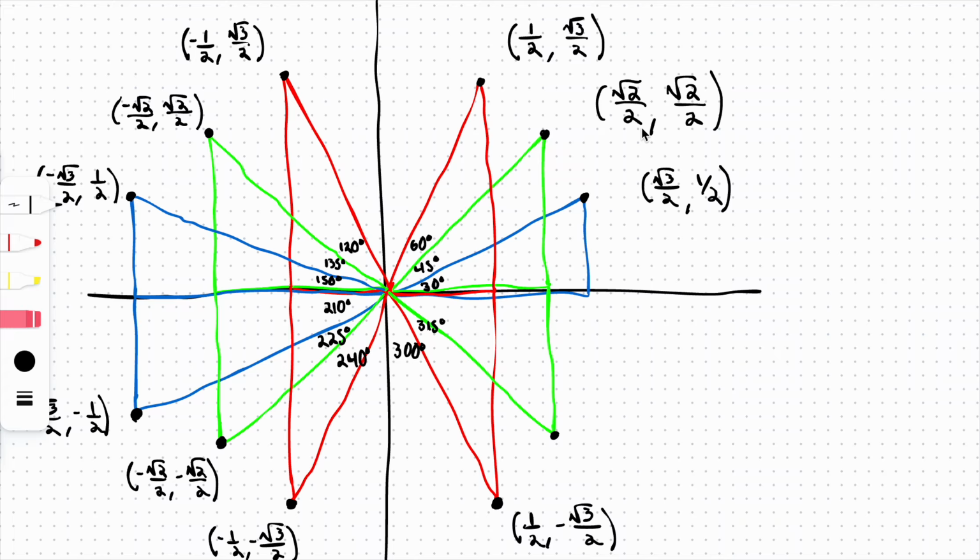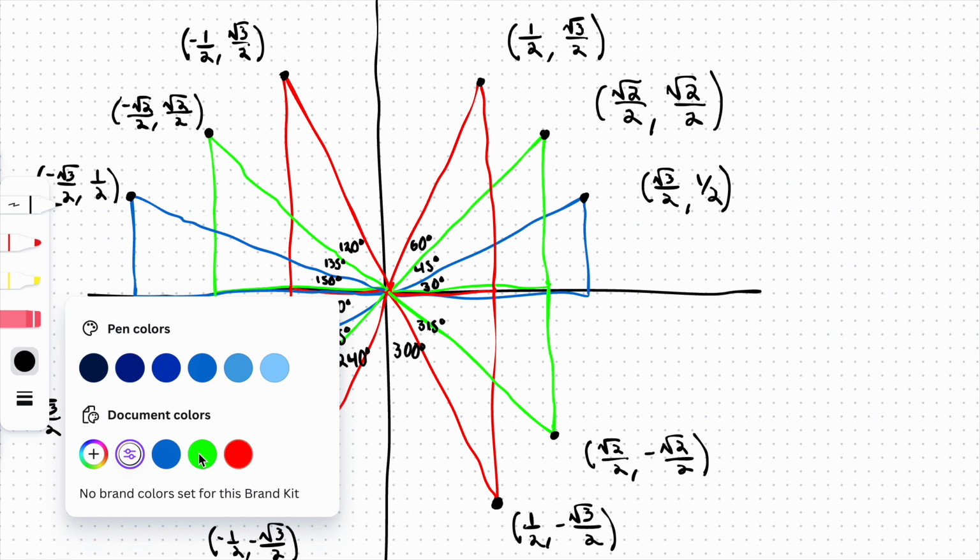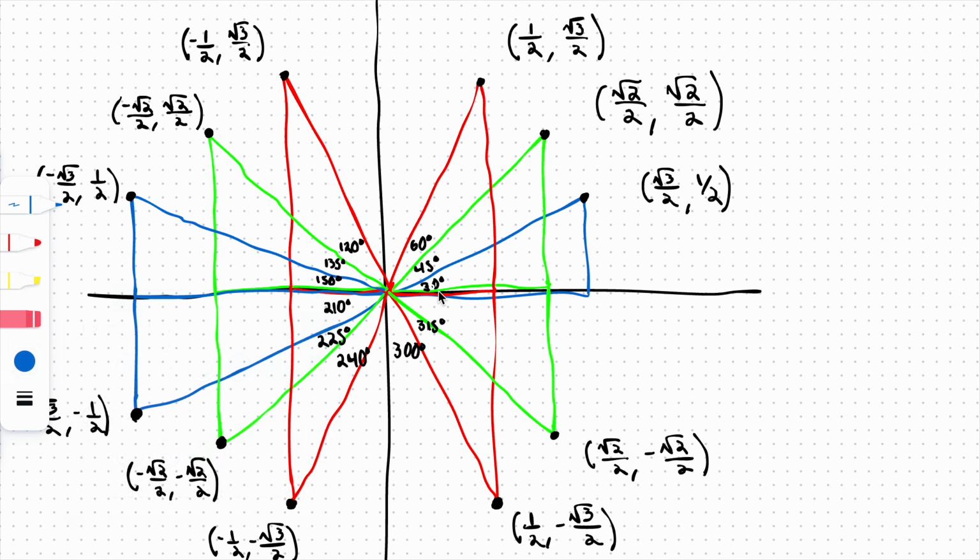So we're going to have positive root 2 over 2 as our x value, and negative root 2 over 2 as our y value. Perfect. And then we're almost completed.